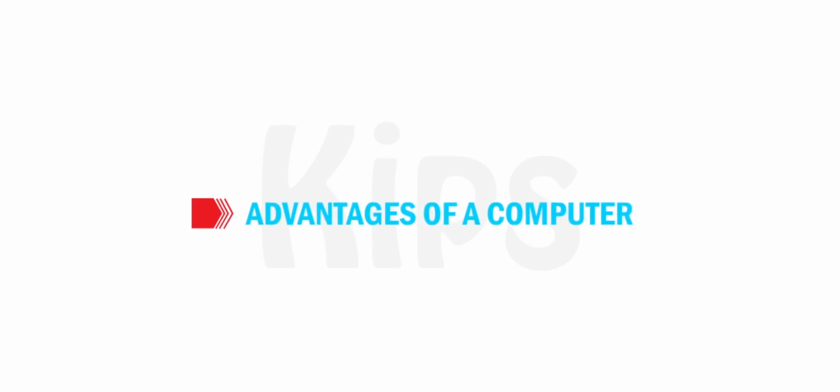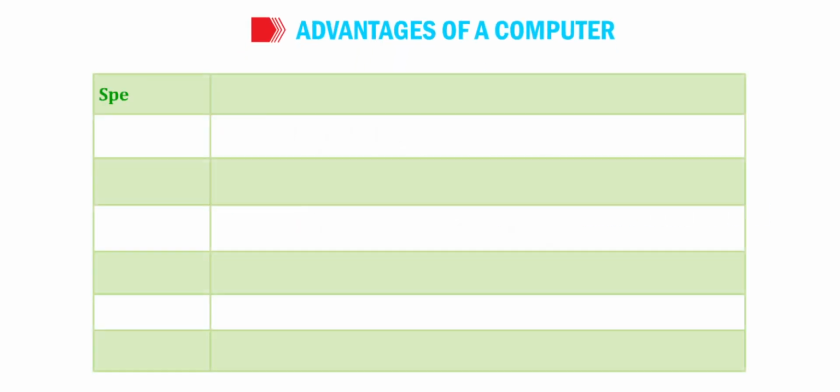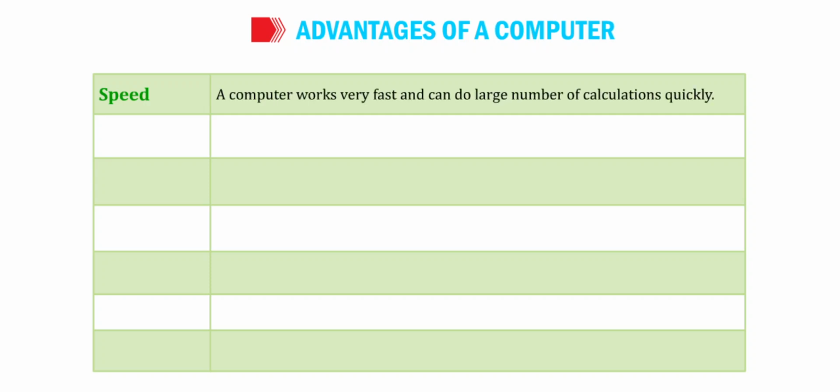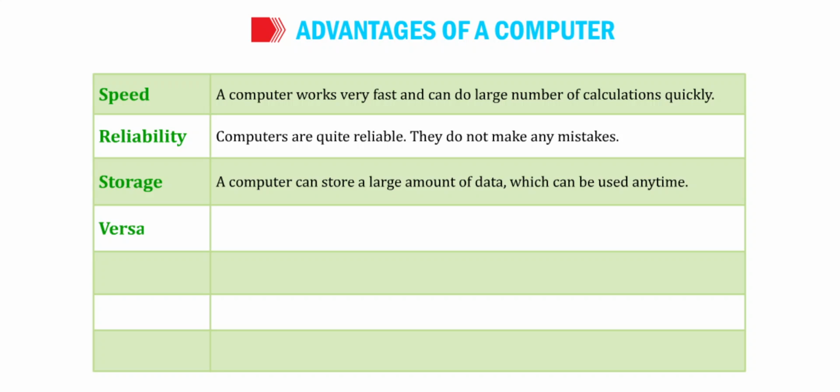Students, let's talk about advantages of a computer. Speed. A computer works very fast and can do large number of calculations quickly. Reliability. Computers are quite reliable. They do not make any mistakes. Storage. A computer can store a large amount of data which can be used anytime. Versatility.